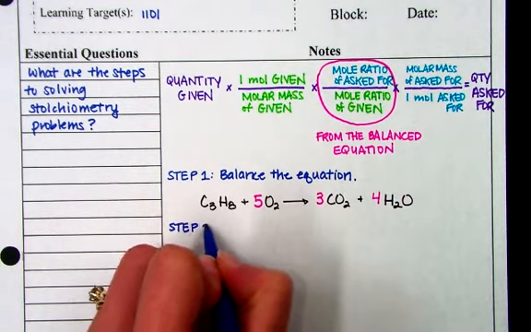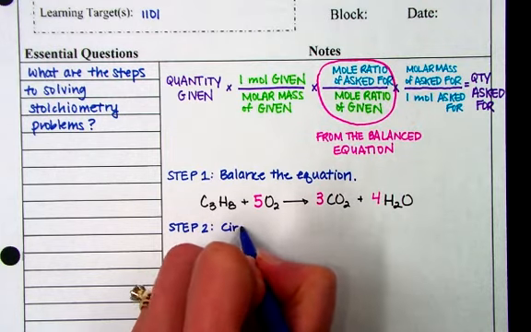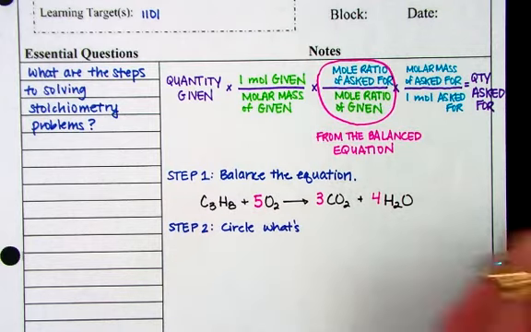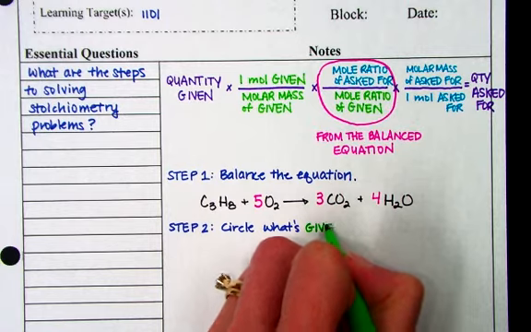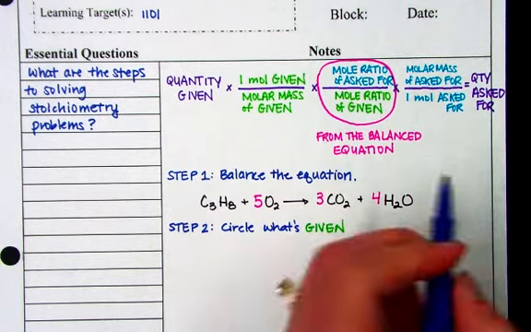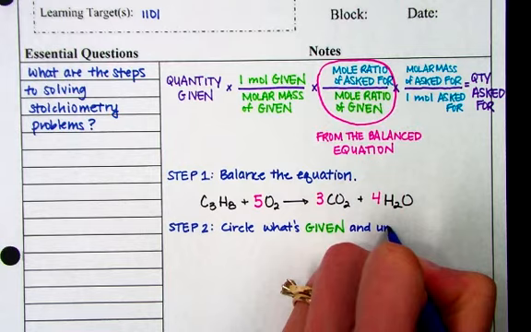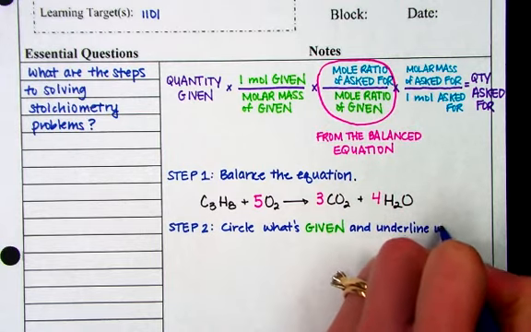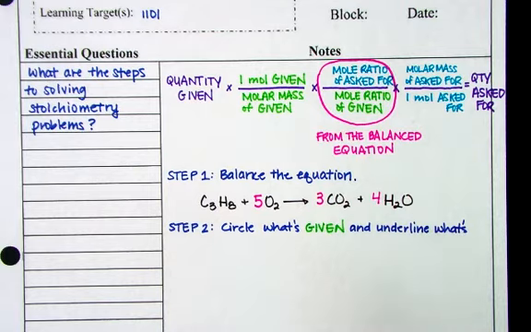Step 2. Circle what's given and underline what's asked for.